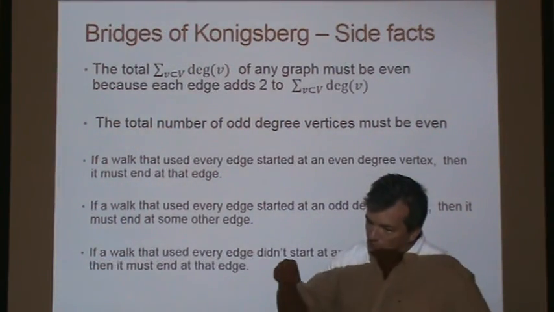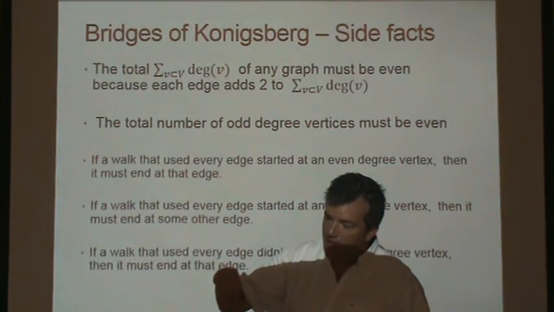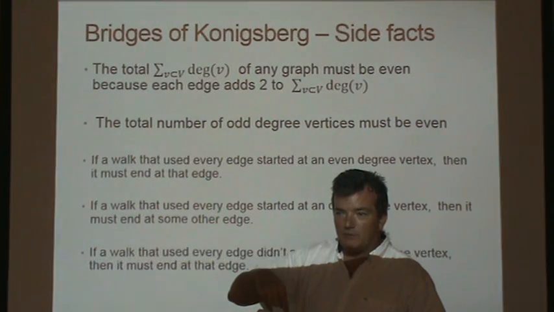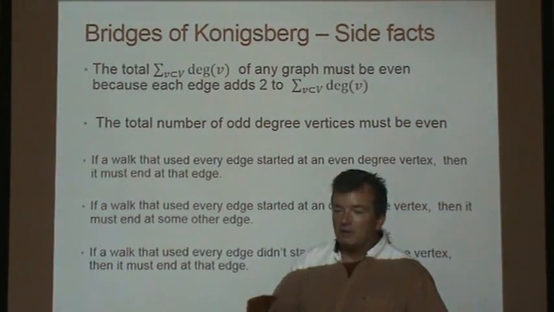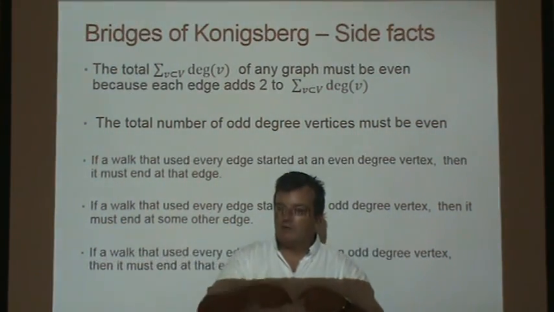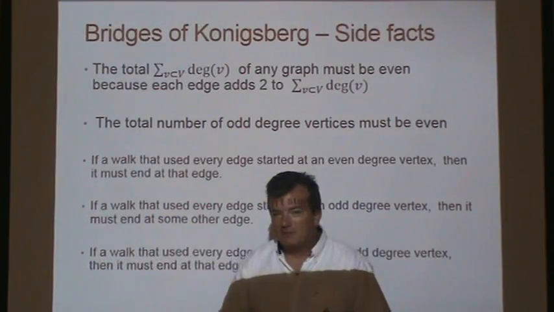And what if a point had odd degree and you didn't start there? Then where would you finish? There, right? You would have to finish there. Yeah, because at some point you're going to walk into it, you're going to leave, and then walk into it again, and then you can't leave.